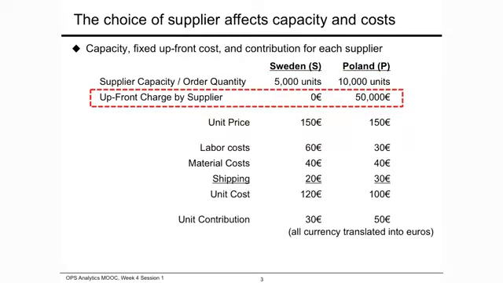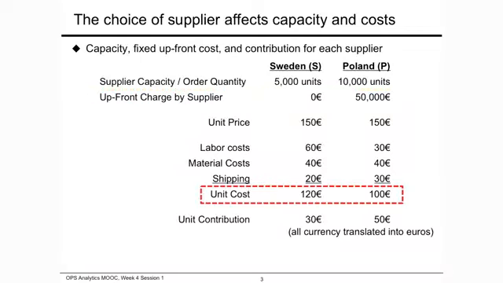If IDEA contracts with Supplier S, there is no upfront charge, whereas if IDEA contracts with Supplier P, there's a 50,000 euro upfront charge. Unit costs are also different. You can see that Supplier S has a unit cost to IDEA of 120 euros per tent, whereas Supplier P has a unit cost of 100 euros per tent. So we can compare: Supplier S has no upfront charge, but it has a higher unit cost, whereas Supplier P has an upfront charge, but it has a lower unit cost.